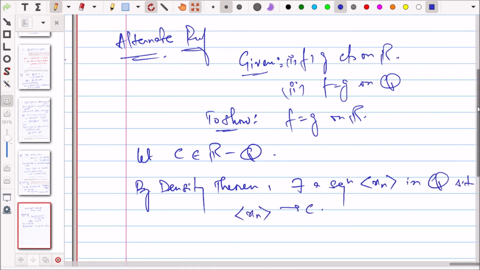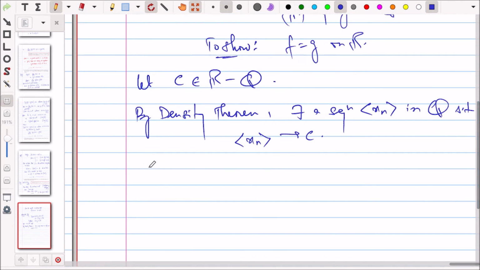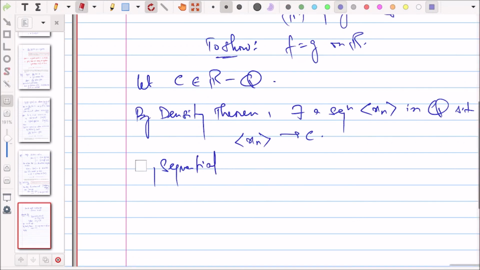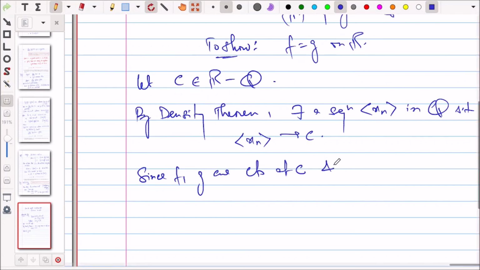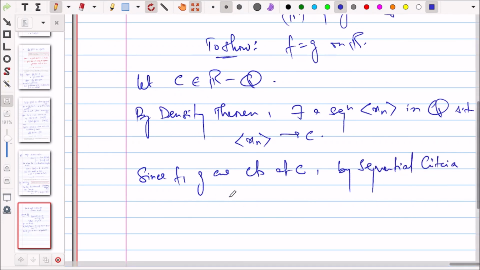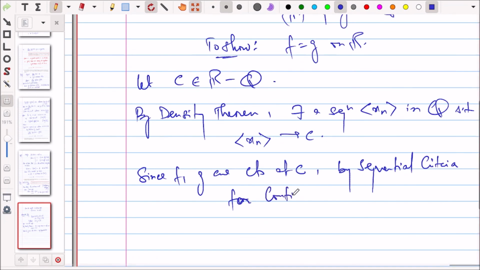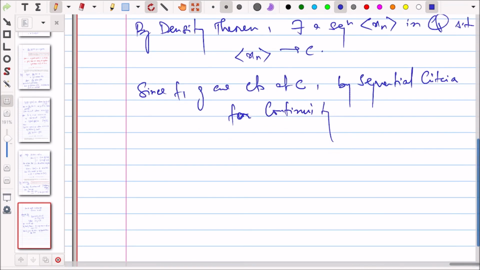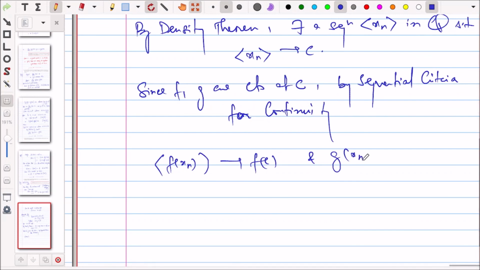Now since f and g are continuous at c, by the sequential criteria for continuity, f(x_n) will converge to f(c) and g(x_n) will converge to g(c).